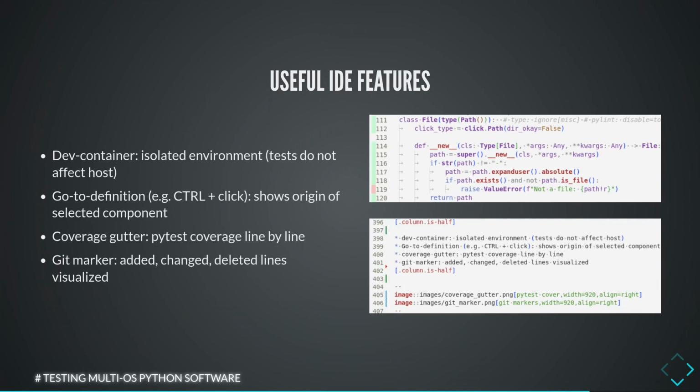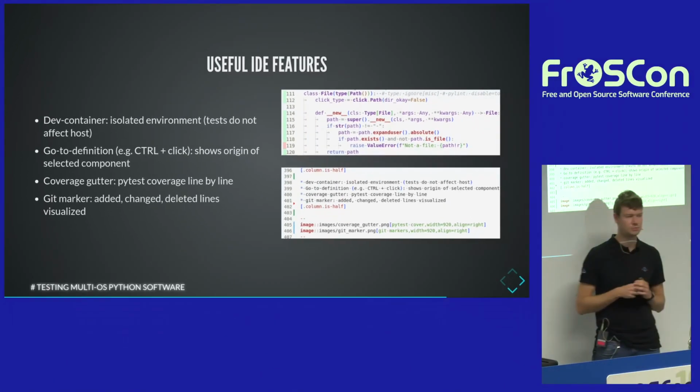The second useful feature is go-to definition. Usually, if you have your code open there, you can click with Control or Shift, depending on configuration and IDE, and find where that specific object is defined.